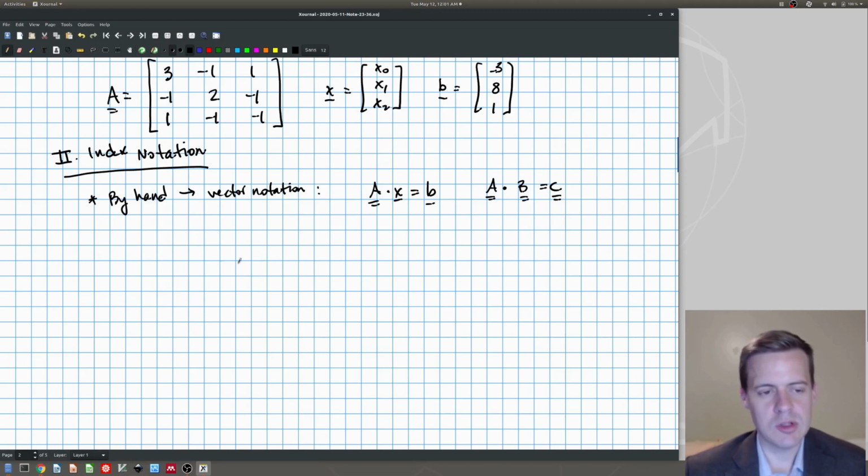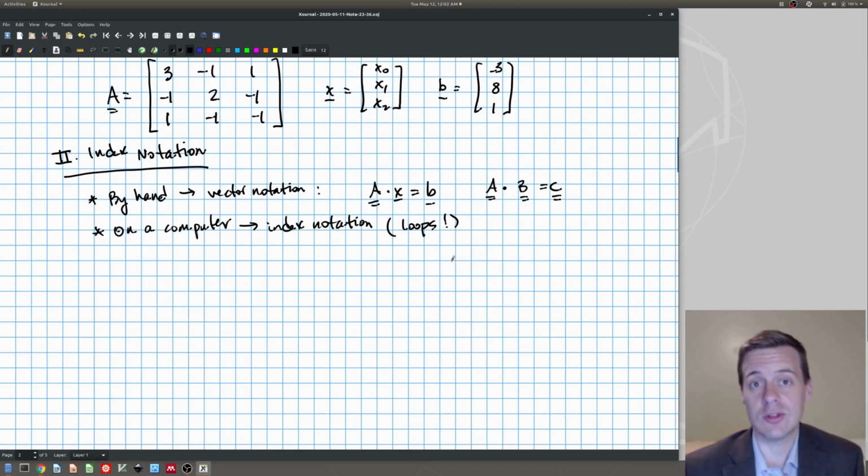Okay? But on a computer, it's more convenient to think about things using index notation. And why is it going to be that? Well, loops. In a loop, we had a counter. We had an index that took us through that loop. And so it's really convenient to rewrite these thinking about what our counter is going to be.